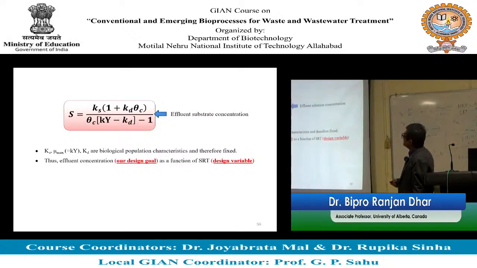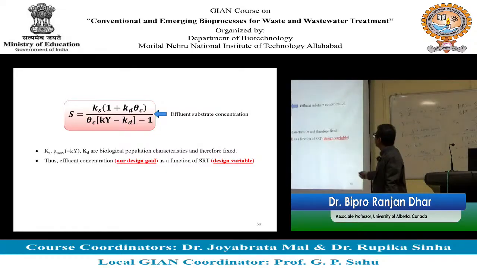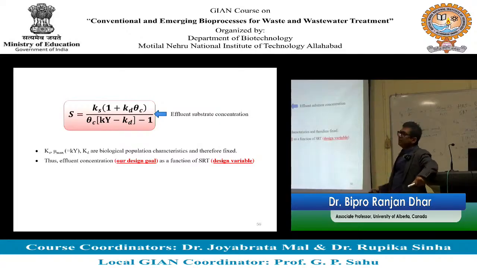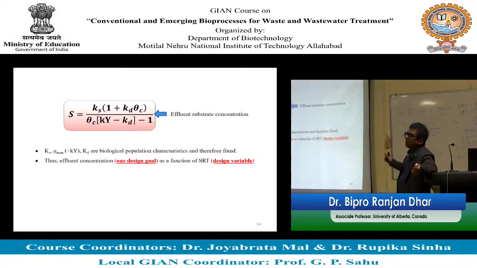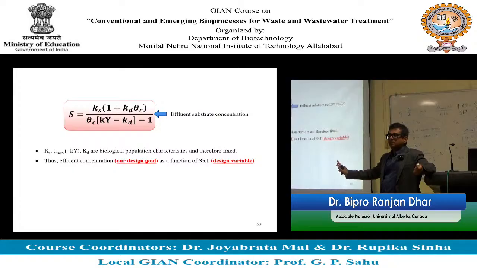So the effluent concentration, which is basically our design goal, is a function of SRT, which is my design variable or operating variable, right? So this design equation can help us to optimize the process, okay? It can help us to find an optimum SRT for my system to meet some discharge or effluent concentration, okay? So now our first objective is done here, okay?